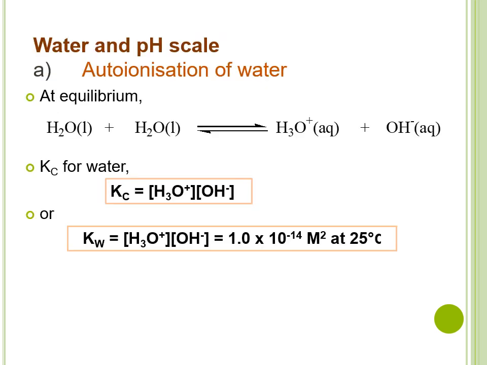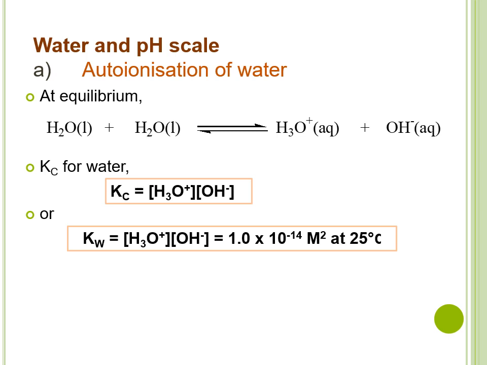Before we learn how to calculate the pH and pOH of acid and base, we need to learn about autoionization of water because water does affect the pH scale. So when water molecule autoionizes, it transfers a proton from one water molecule to another water molecule to produce a hydroxonium ion H3O+ and hydroxide ion OH- as shown in the slide.